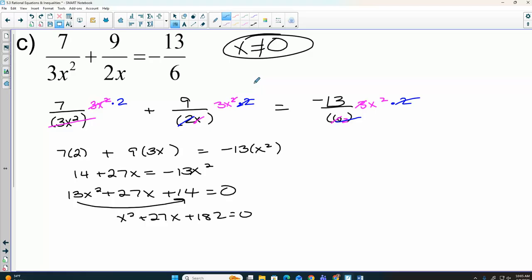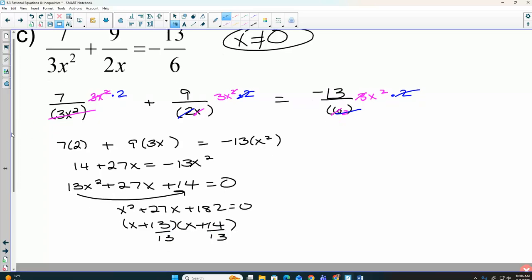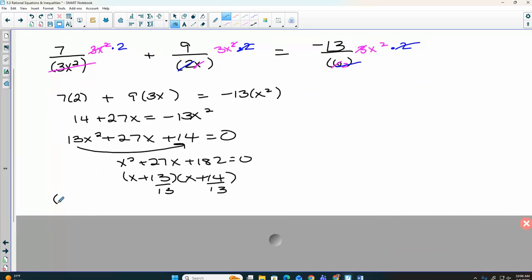Yeah. So we divide our 13 back. So we get x plus 1, 13x plus 14. If we set those equal to 0, we get negative 1 and negative 14/13.